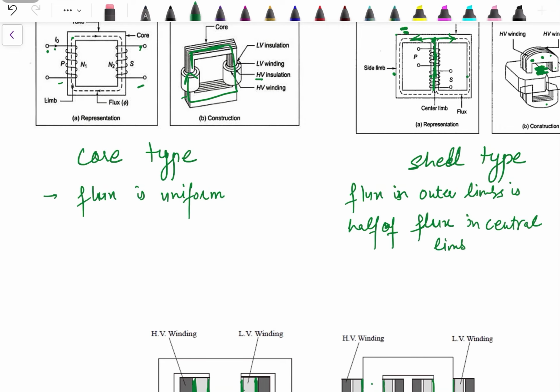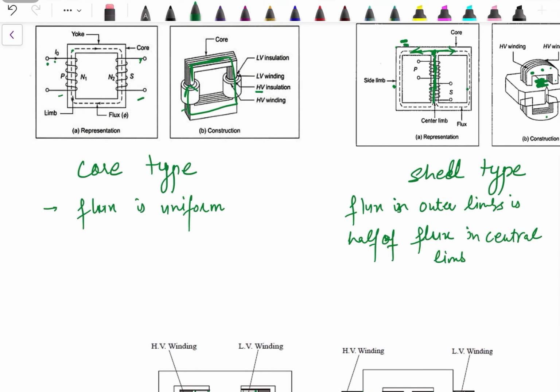Now if we see the mean length of the core, the mean length of core is low in case of shell type in comparison to the mean length of the core type, since the mean length for the central limb is only up to this.